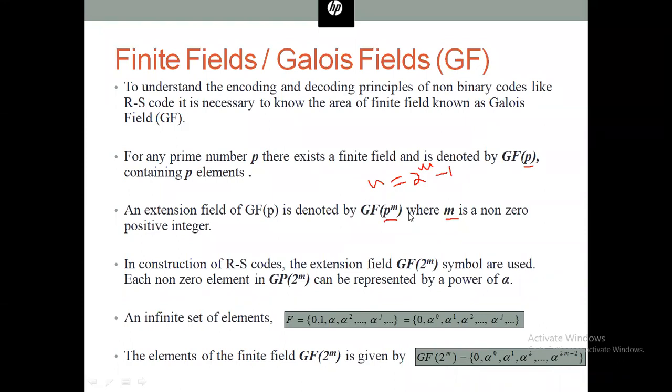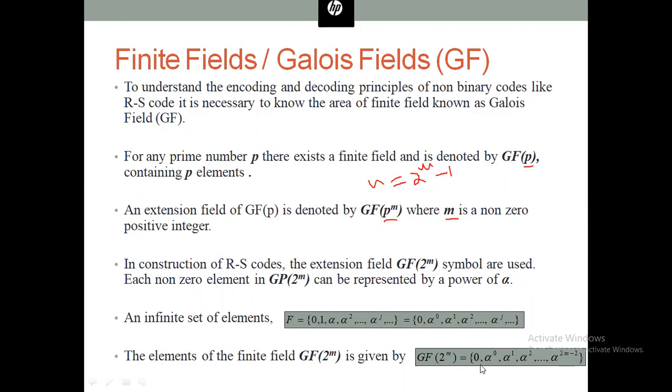So in the Galois field, if we have 2 raised to power m members, it starts from 0 and ends at 2^m minus 1, right? So in fact, it has 2^m symbols.